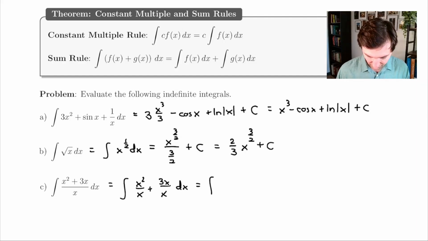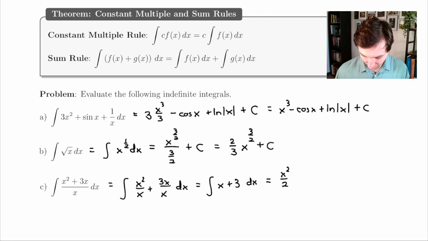Simplifying these two fractions, in the first term I get simply x, in the second term I get simply 3. Now I can take antiderivatives of each term. An antiderivative of x is x squared divided by 2, an antiderivative of 3 is 3x. I finish my computation by adding c at the end.